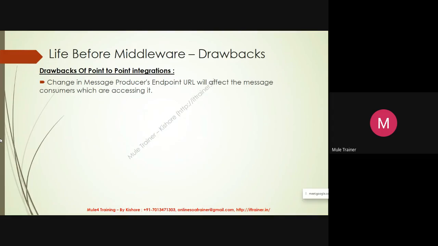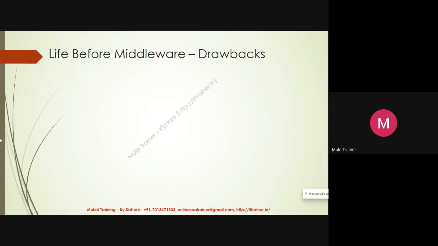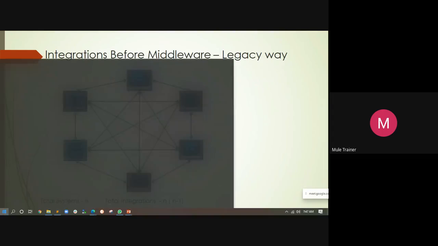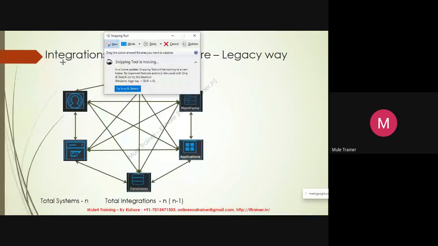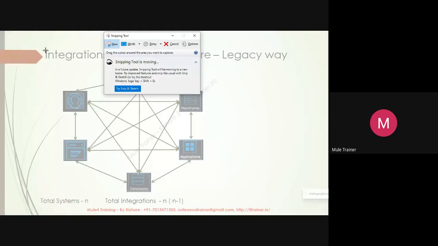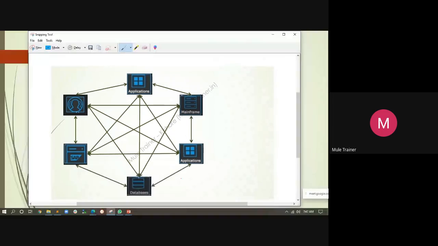Suppose whoever is producing the message, if the message producer URL changes, it will affect the message consumers which are accessing it. So let's take this as a screen capture, and we'll try to use it in the next slides as well.